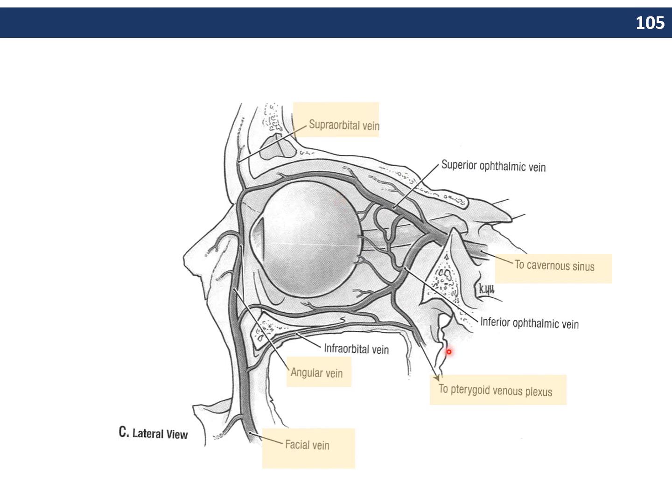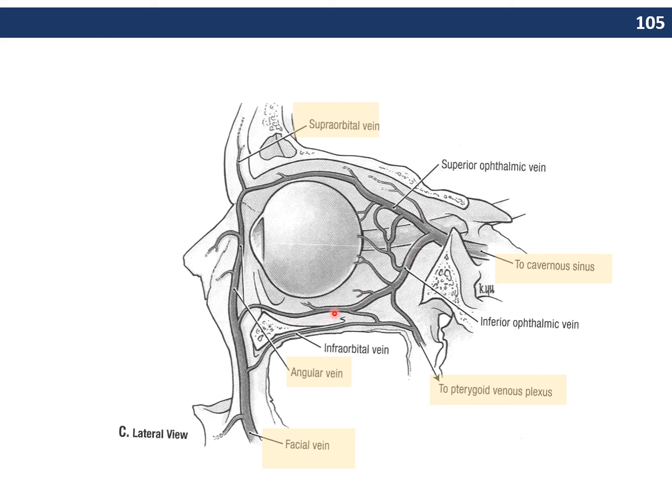Those vortex veins that we observed drain, as I said, into the inferior and superior ophthalmic veins within the bony orbit.